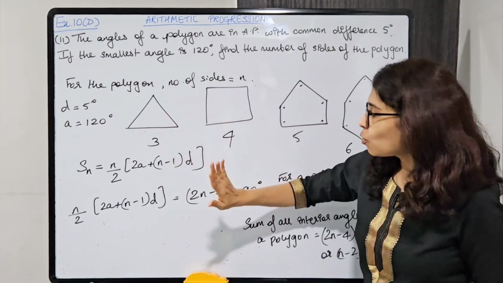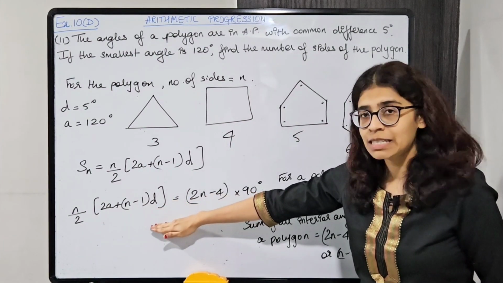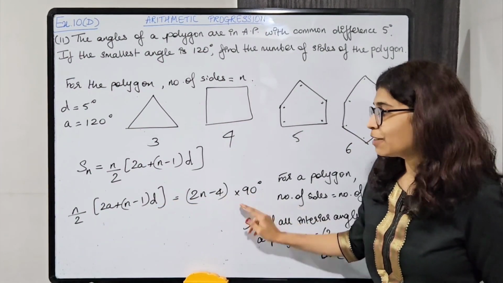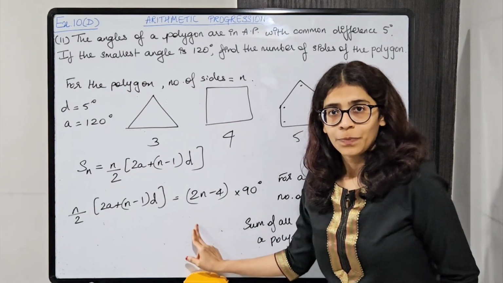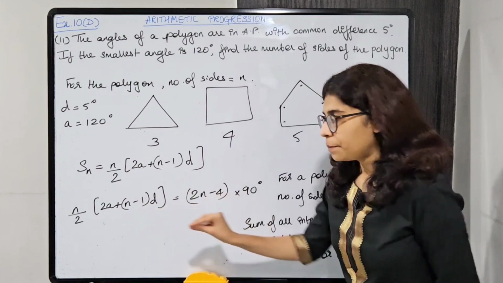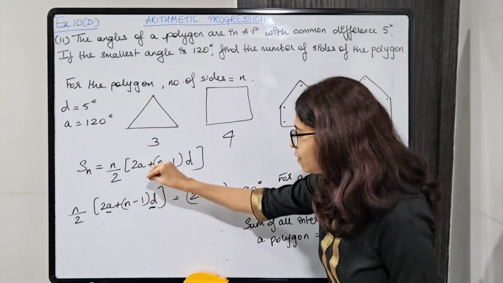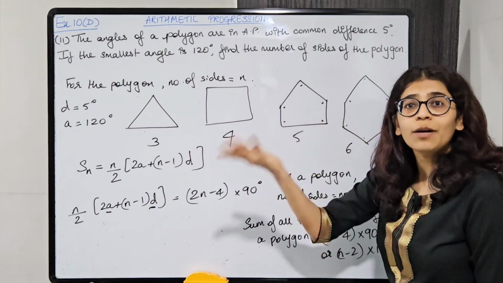I know that the sum of all angles of the polygon is this and it is also equal to this, therefore both are equal. We can put the values of a and d here. I know a, I know d. After putting the values of a and d, what unknown remains?